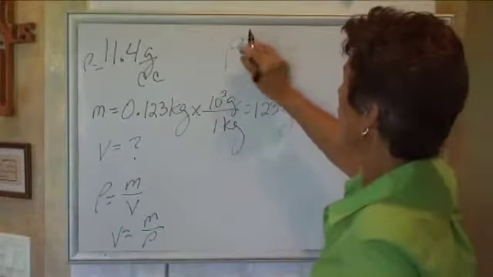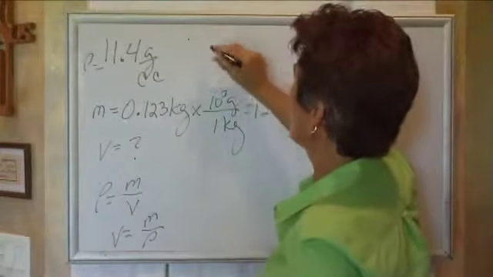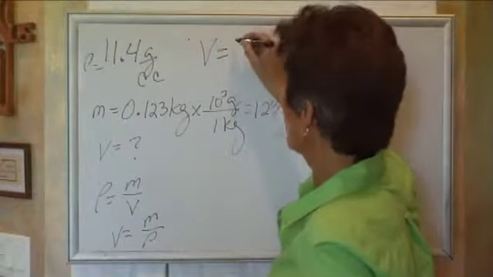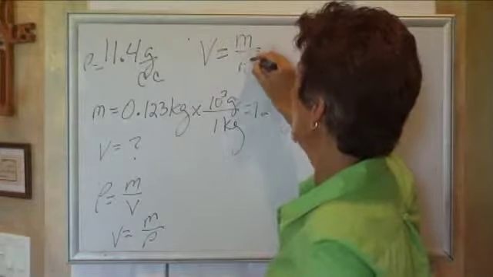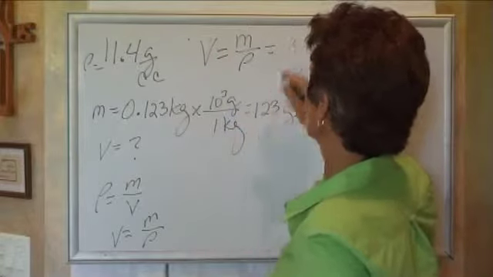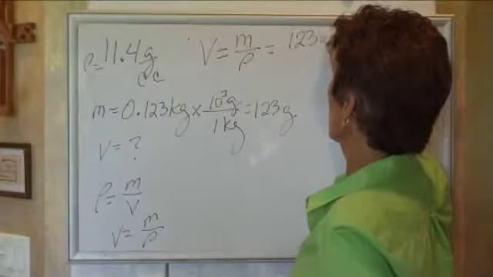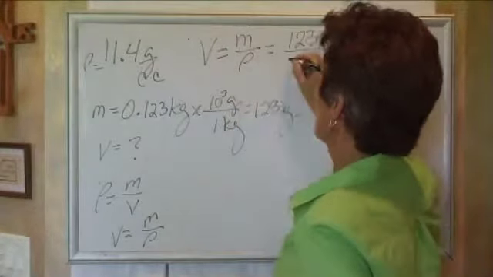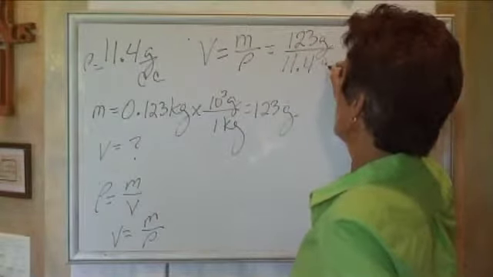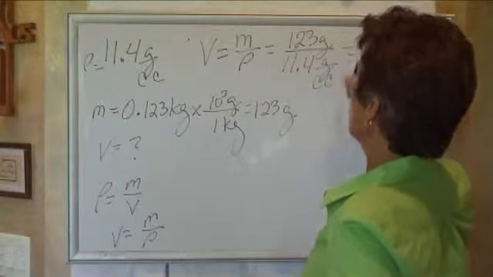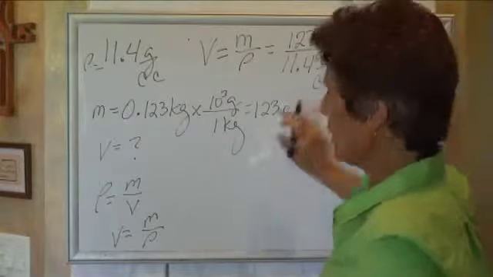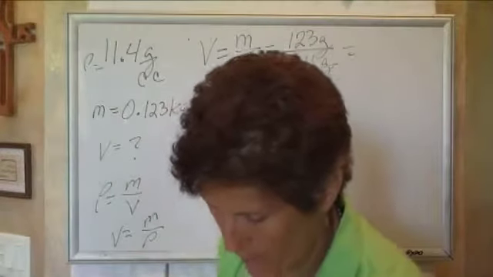Now I can go ahead, I'm going to write this, V equals M over rho. So the mass over the density should leave me the volume in mils. So get your calculator.